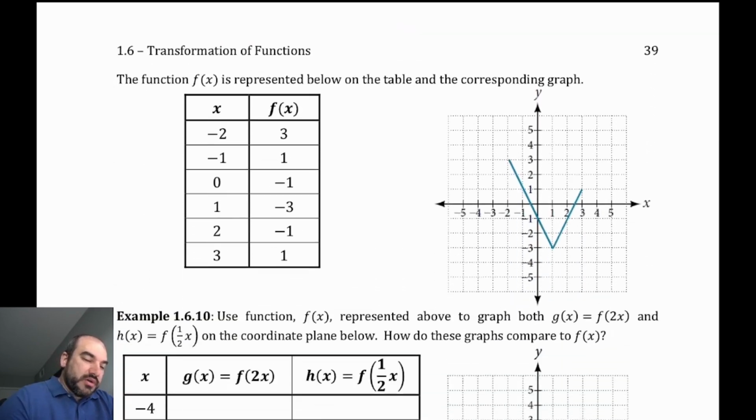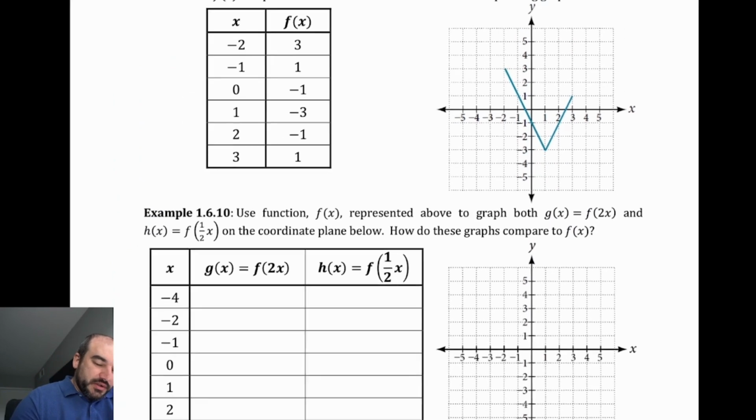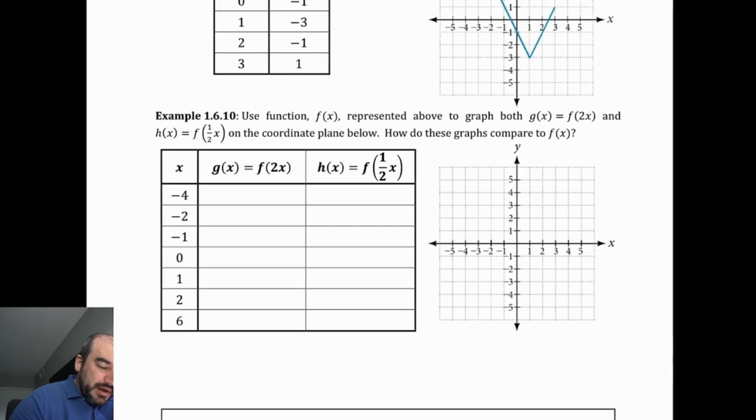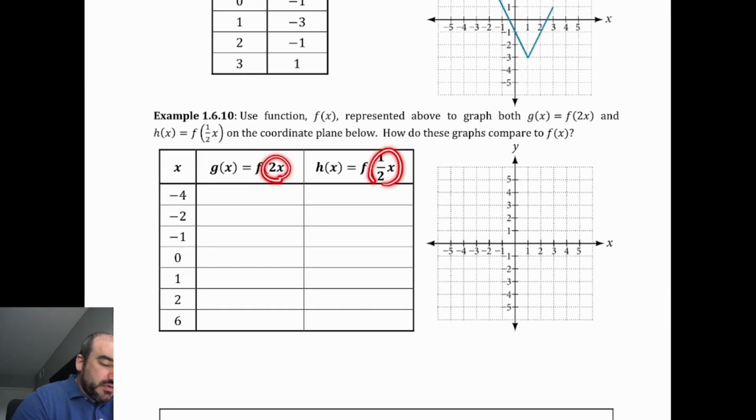Let's talk about horizontal, and then we'll see if there are any questions. We can do something similar by multiplying the x values by numbers, right? So here, instead of multiplying the y values, we're multiplying the x values. And you can tell that that's happening because the number that we're multiplying by is inside the parentheses with the x.